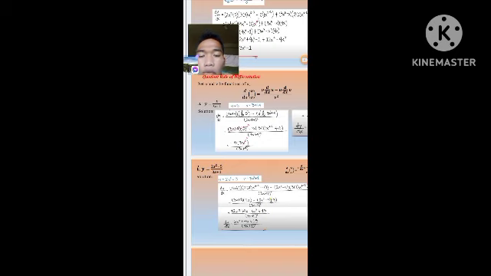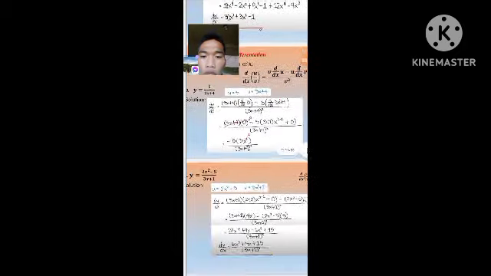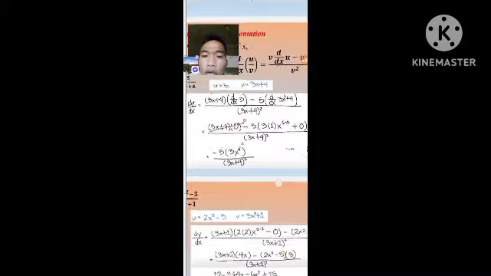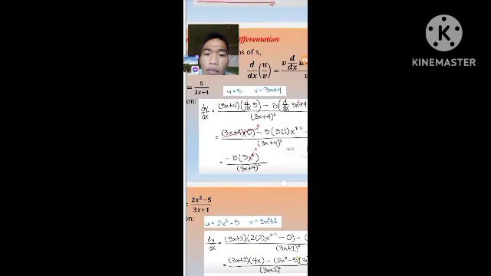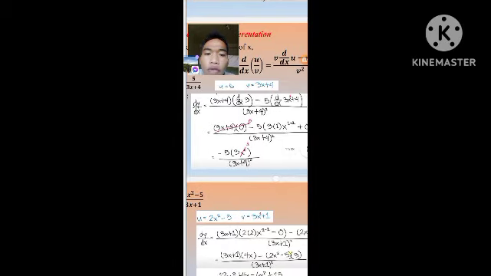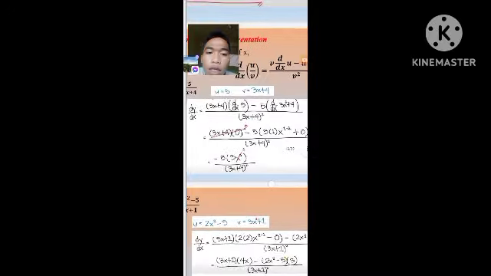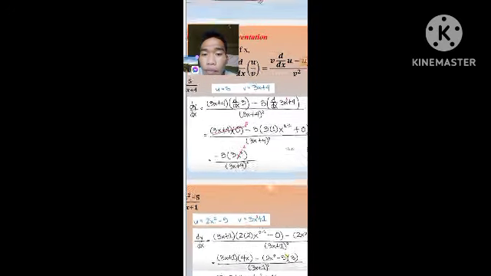So we have an example of y equals 5 over 3x plus 4. So our u is 5 and our v is 3x plus 4. So we have solution. So dy over dx equals 3x plus 4 times d over dx of 5 minus 5 times d over dx of 3x plus 4, over 3x plus 4 squared.